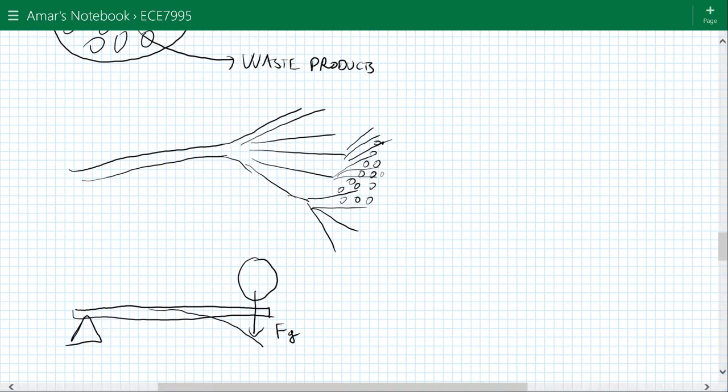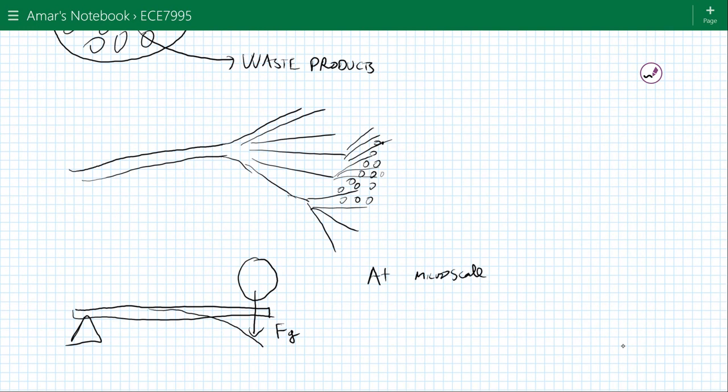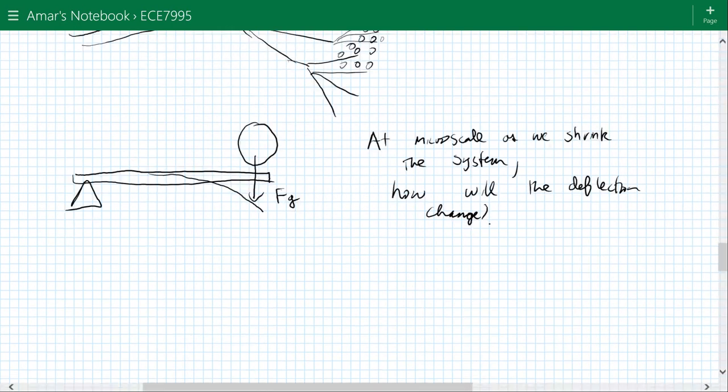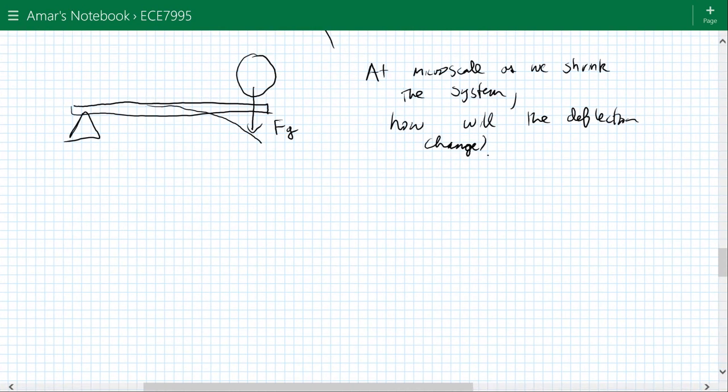Let me write this down. At microscale, or let's say as we shrink the system, how will the deflection change? Let me give you one equation to help you out.